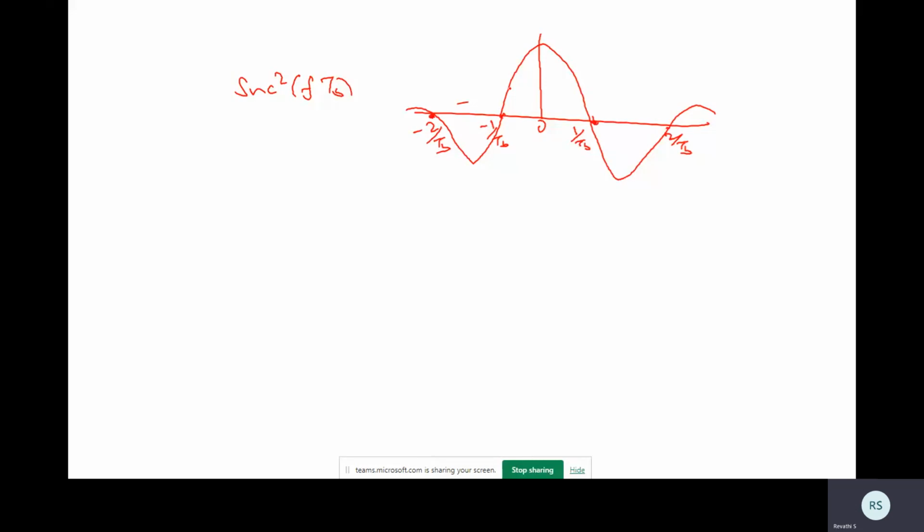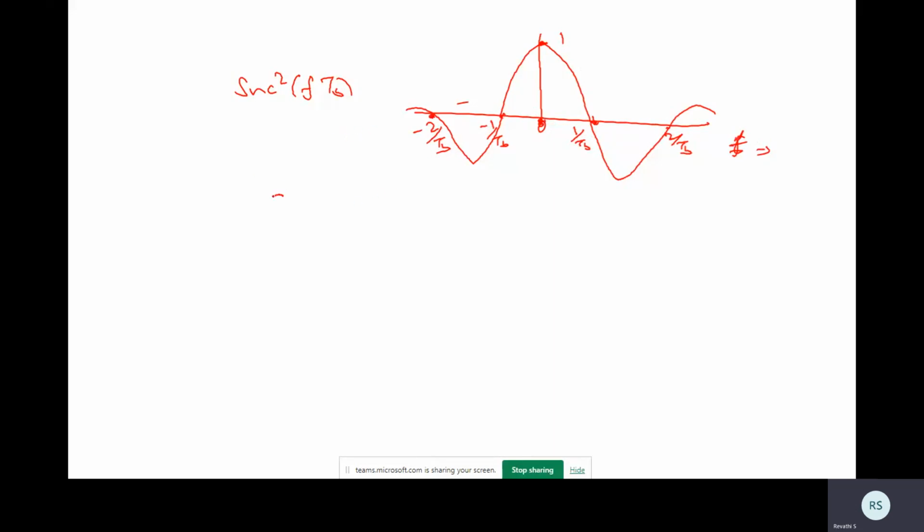Only at f equal to 0 do you have some value, but at 1 by Tb, 2 by Tb, everything, the sinc function is 0.